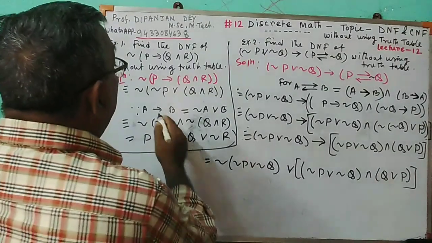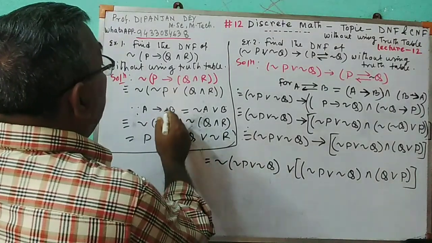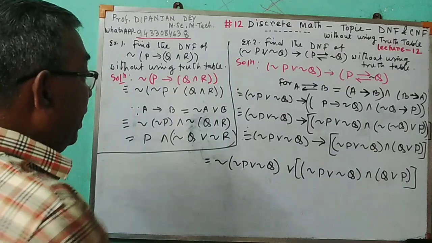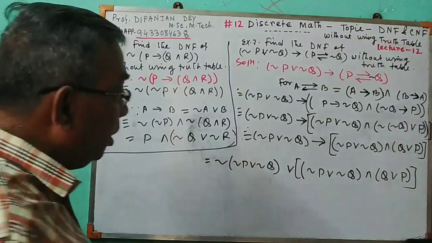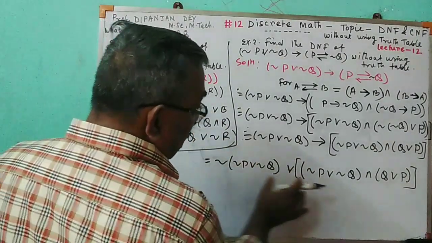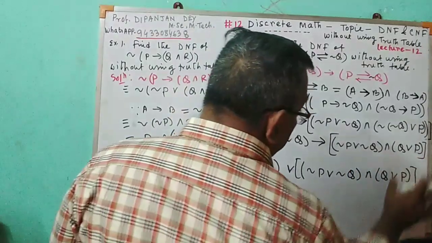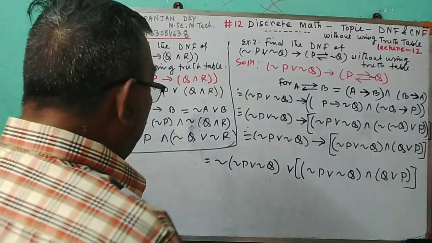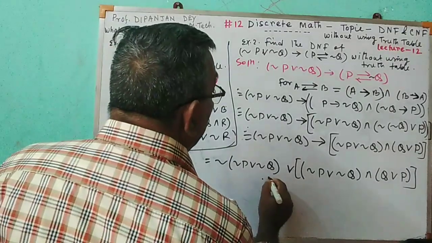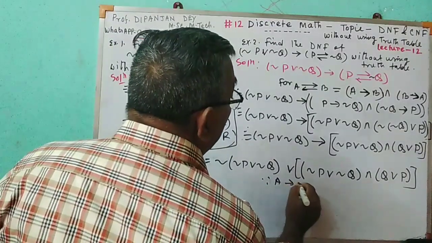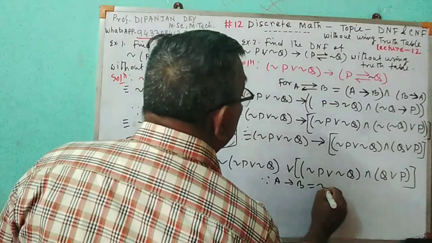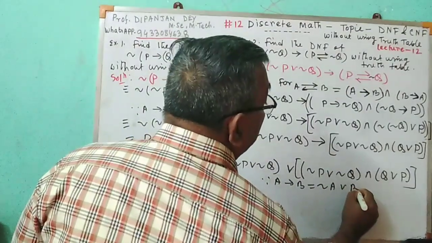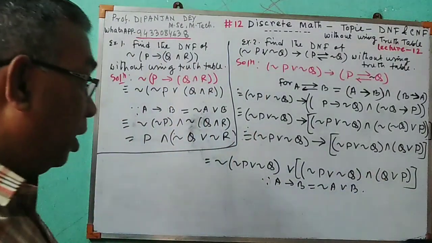Just applying the A to B implication formula: negation A, disjunction B. So the negation of this, disjunction of this. Now which formula applying here? Since A to B is equal to negation A, disjunction B, this formula applying here.